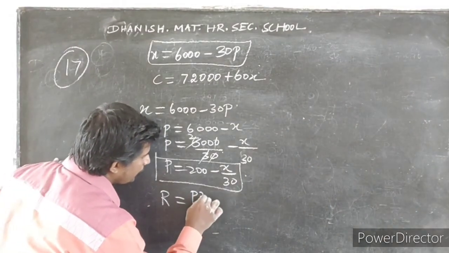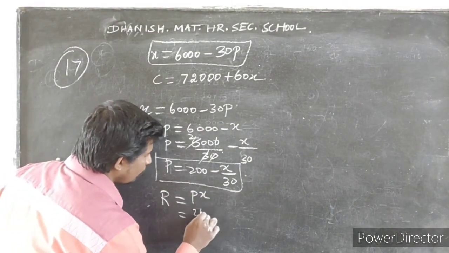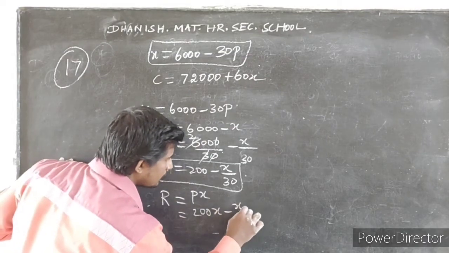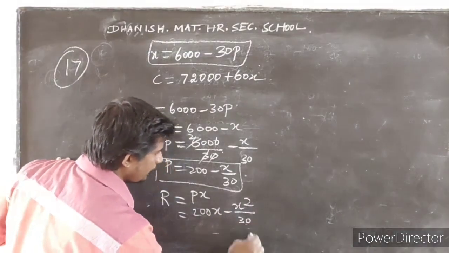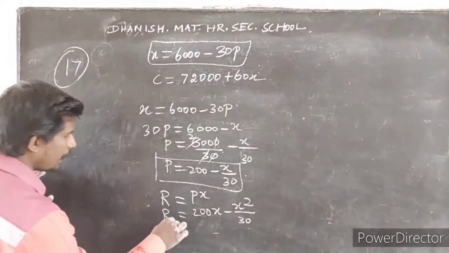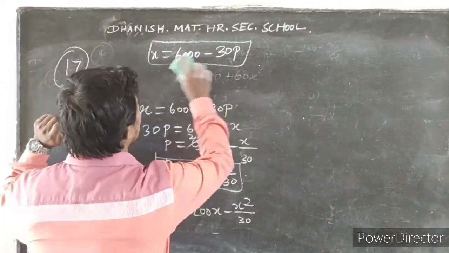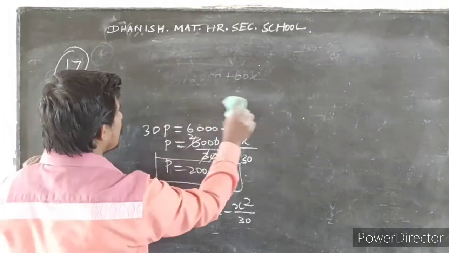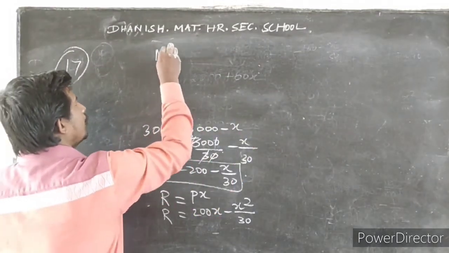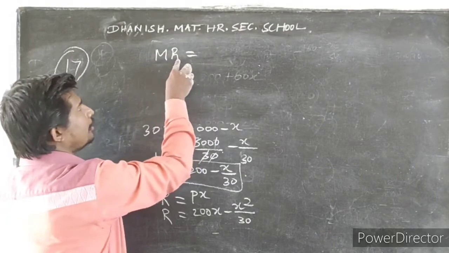Now we are going to find the revenue. Revenue equal to p into x. So we'll get 200x minus x squared by 30. Now I'm going to find marginal revenue. If you want to find the marginal, we should differentiate the revenue.